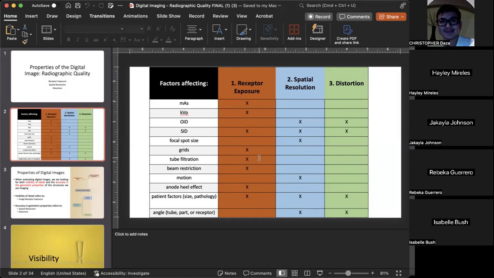Another way contrast is changed is by selecting the piece of anatomy. You select AP chest, you shoot an AP chest on the AP chest algorithm. That's the contrast that will be displayed, right? So it all changes based on the computer's processing now. That's why contrast made its way away from this area, and we're left with three.